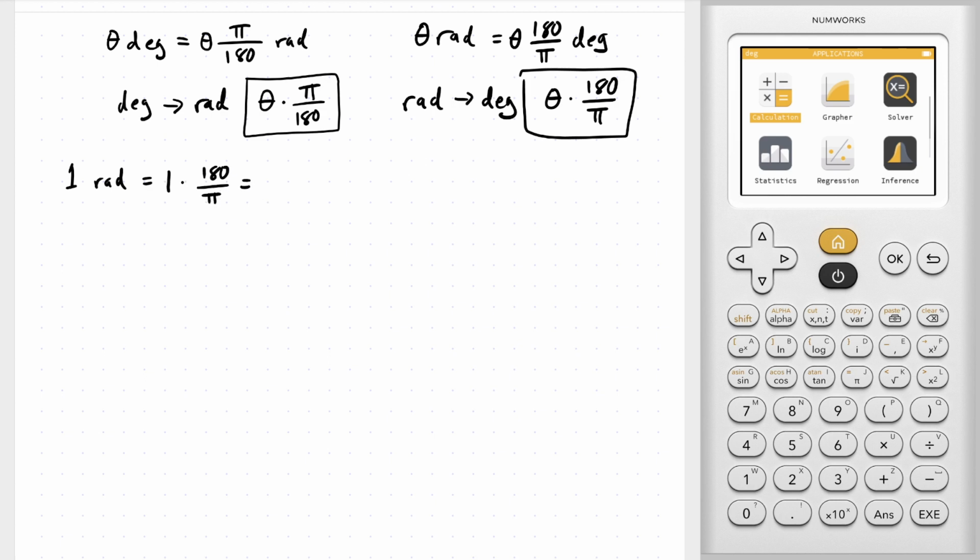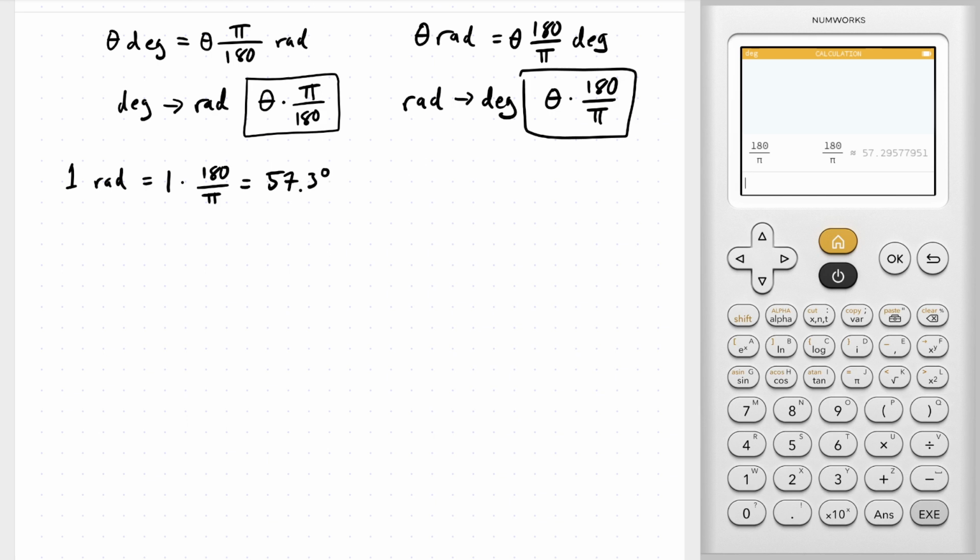We can go to the calculator here and say 180 divided by pi, hit enter, and we see that 1 radian is approximately equal to 57.3 degrees.